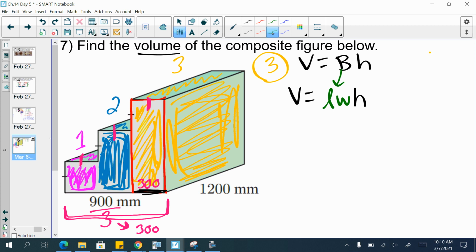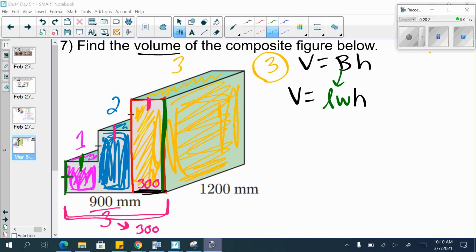Okay, how long do you think this is going to be right here? So look over to the side again. Okay, we have that this has the same congruence marking as this did here. So this length right here is also 300.